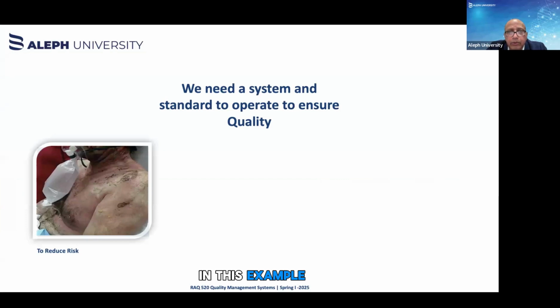In this example, we see an actual patient that received a lot of radiation because the medical device, the ionizing system, had failures, and the operator thought that the machine was not working, but he fired multiple times on the patient, and the patient got burned.